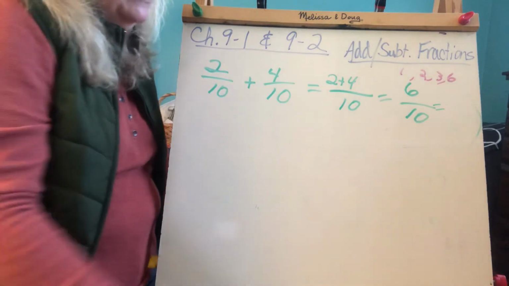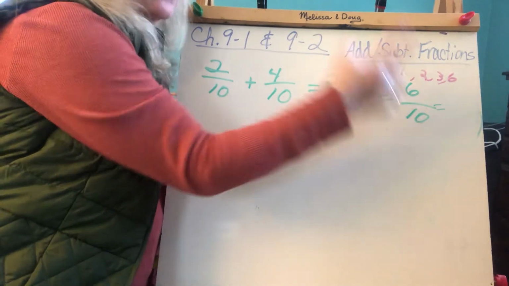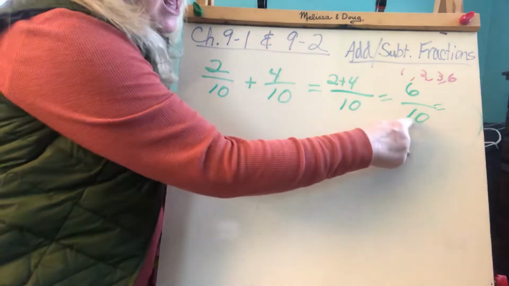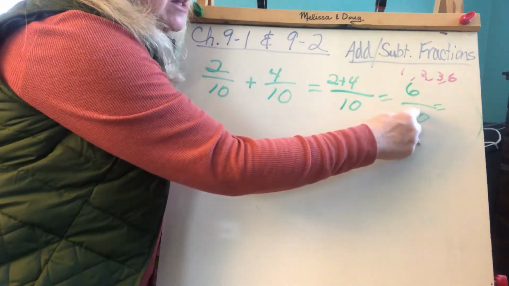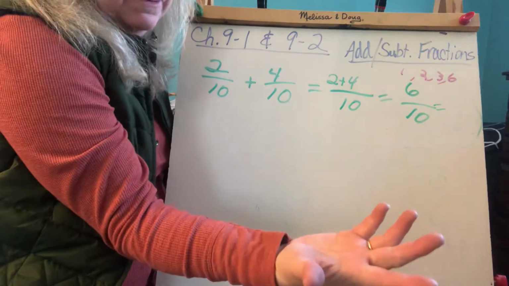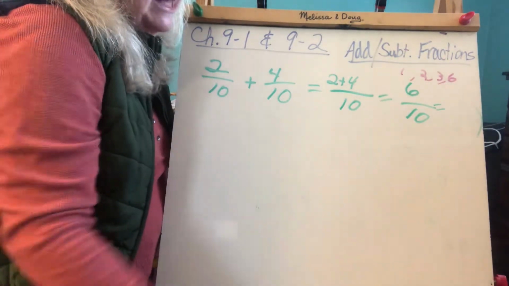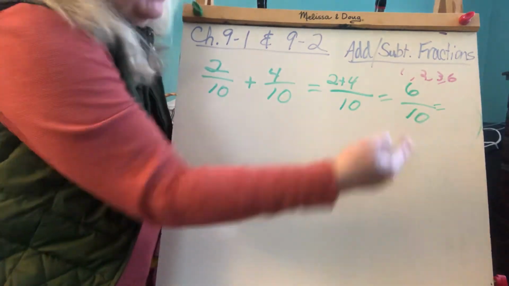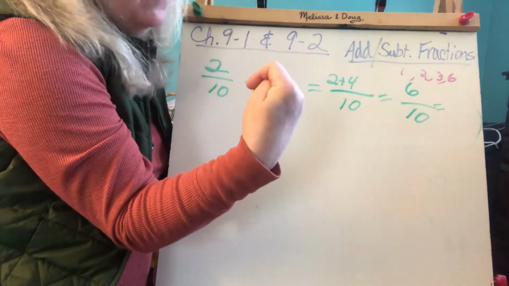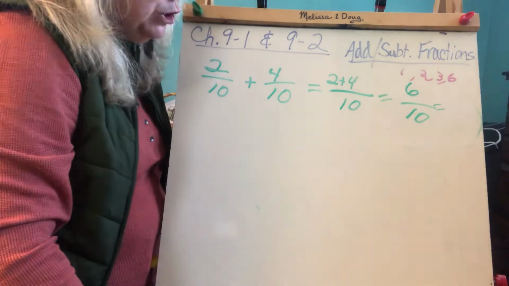And really the only one, 3 won't go into 10 because remember our rule for divisibility. You add the digits, 0 plus 1 equals 1. Is 1 divisible by 3? No, it's not. So we can't use 3. And we can't use 6 because we already know 6 would only go in here one time and there would be 4 left over. So the only number we could use is 2.